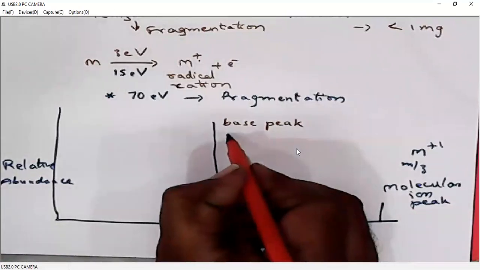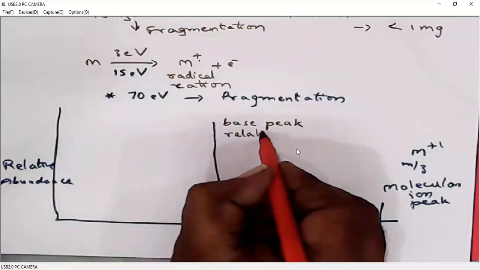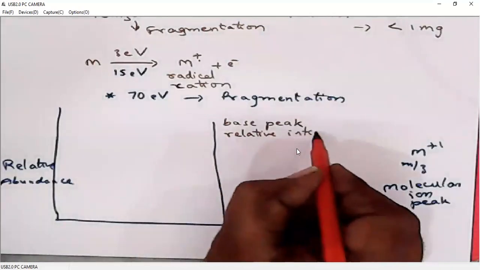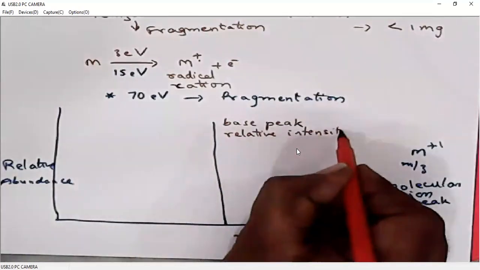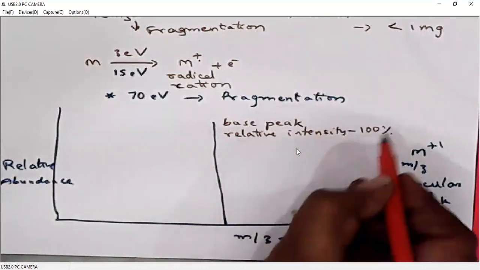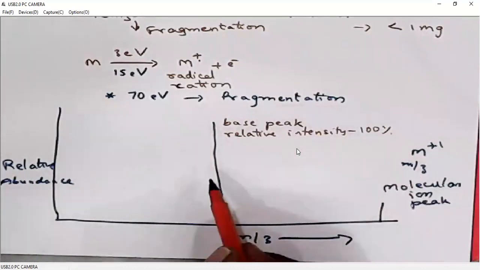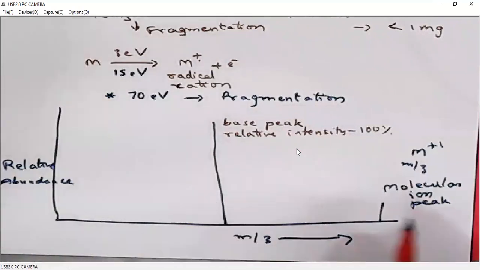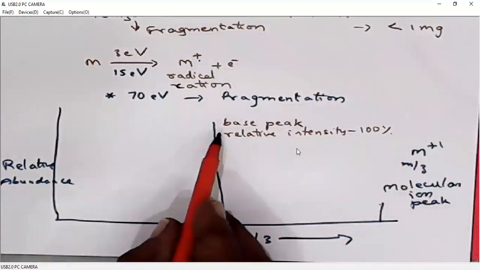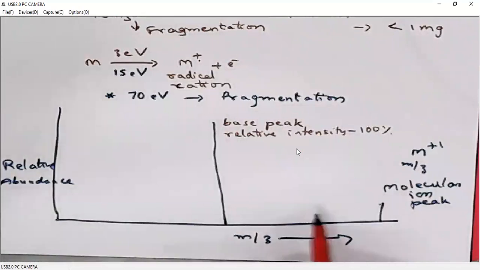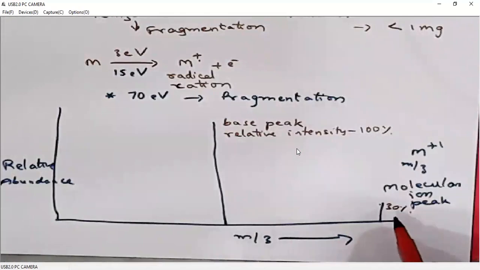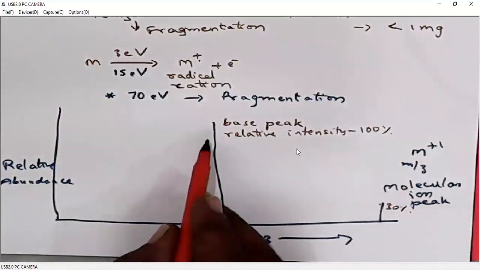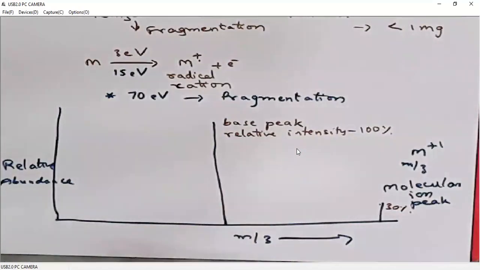We give it a relative intensity of 100%. That means the height of the base peak is given 100%. Then the relative intensities of other peaks are measured with respect to the base peak. For example, say the molecular ion peak is 30% with respect to the base peak.